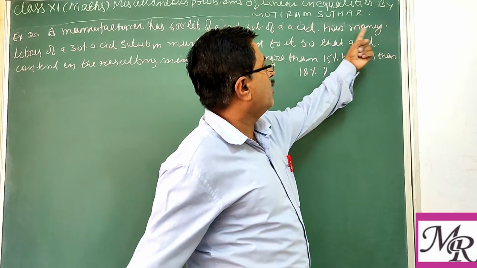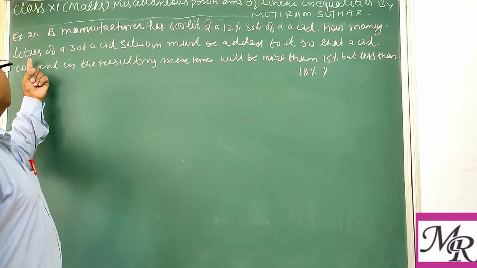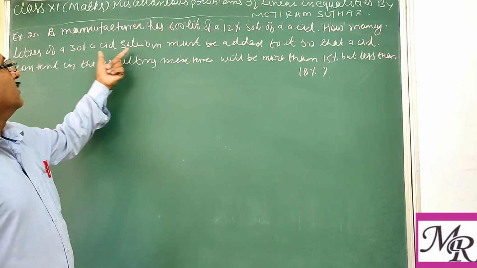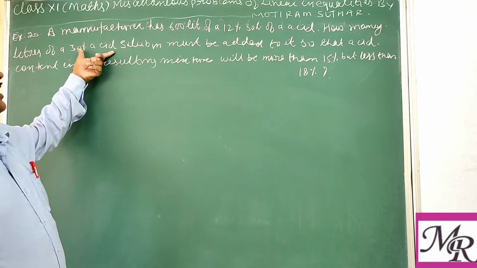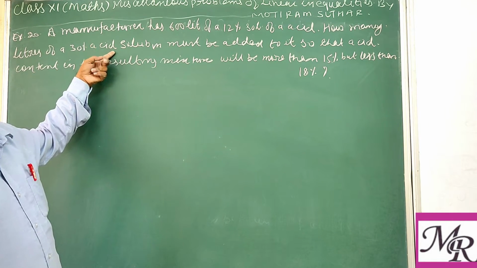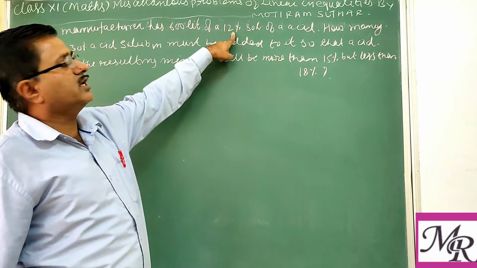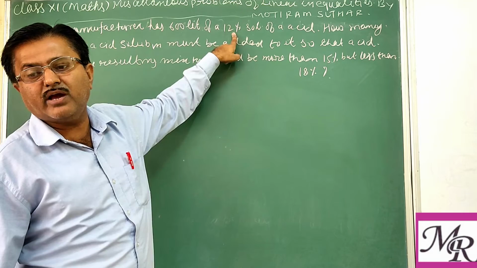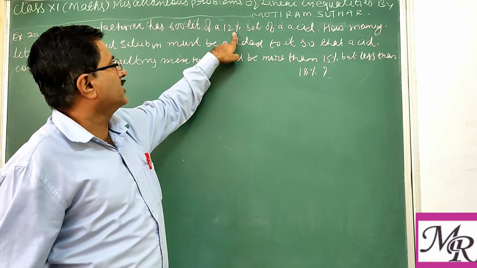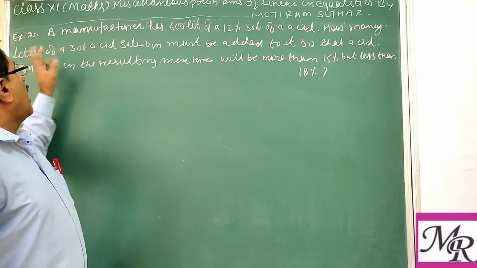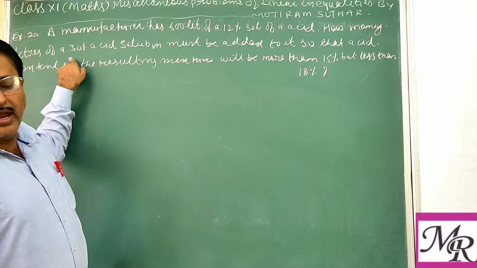Now again it says how many liters of a 30% acid solution. Now we have another type of acid solution in which acid is 30%. In the original solution acid is 12%, but when we are mixing the other solution in which acid is 30%, how many liters must we add?